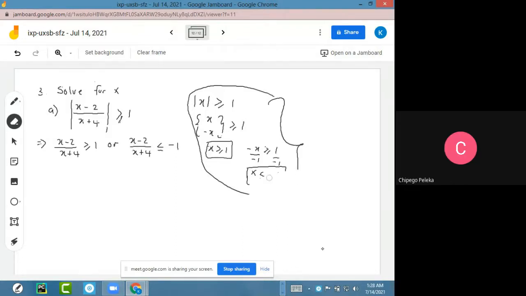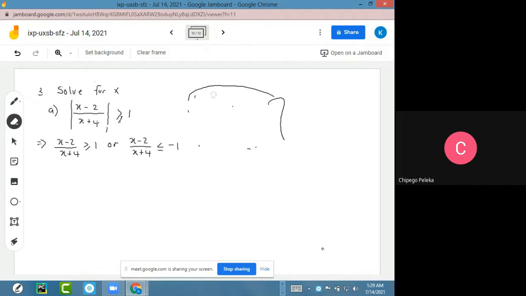Can we still solve it there? We solve the other one by saying starting with negative 1, then greater than or equal to x minus 2 over x plus 4, greater than or equal to x minus 2 over x plus 4. What can I say?